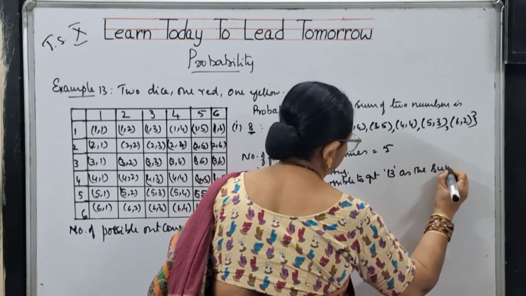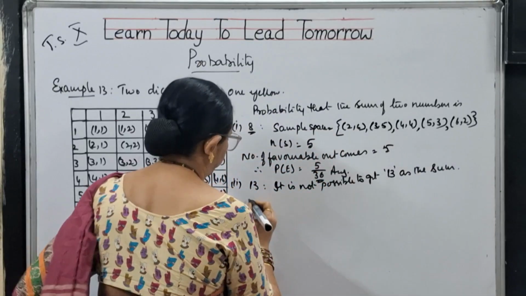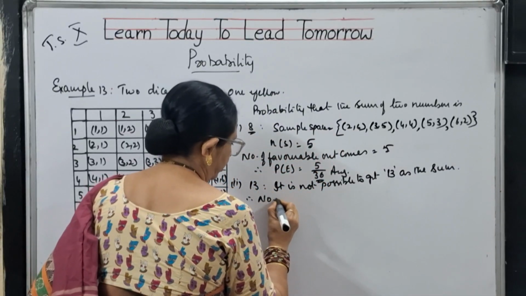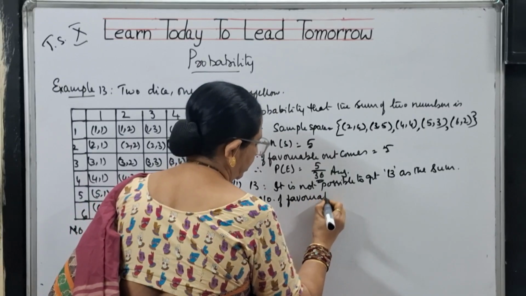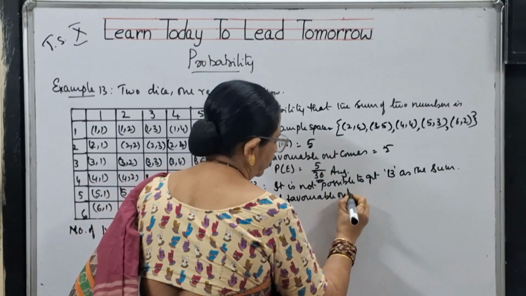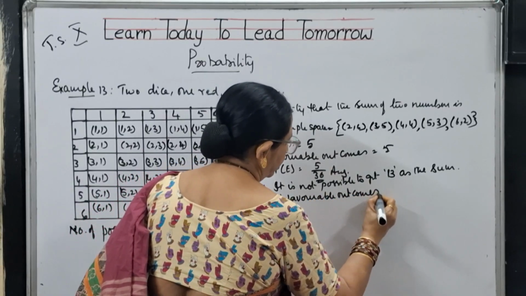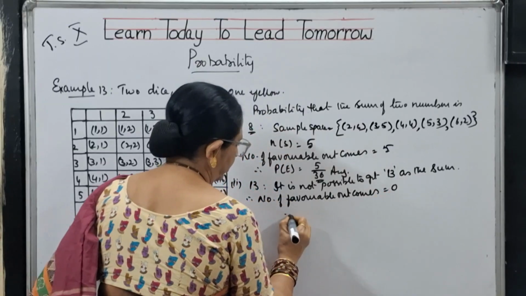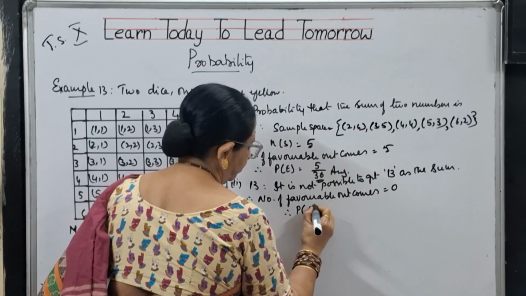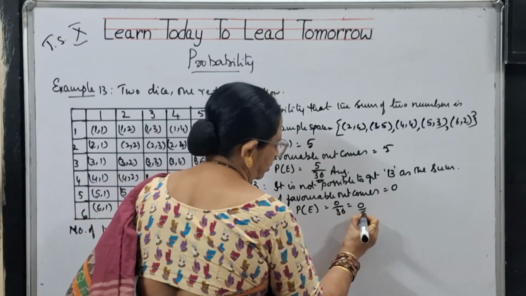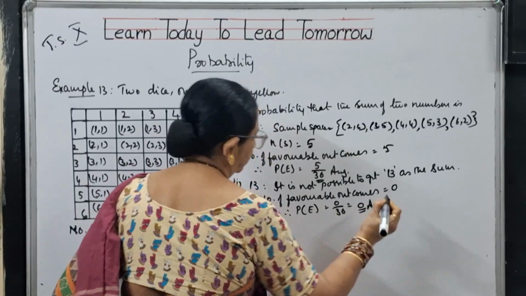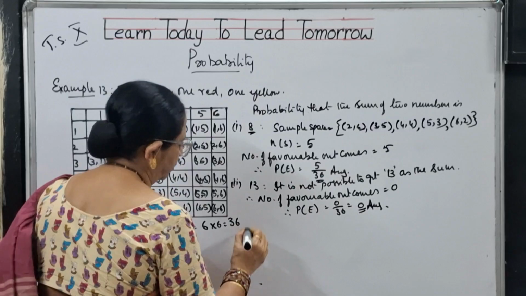It is not at all possible. Therefore, the number of favorable outcomes is equal to 0. Therefore, the probability of the event is 0 by 36. That is 0 is the answer for the second bit.